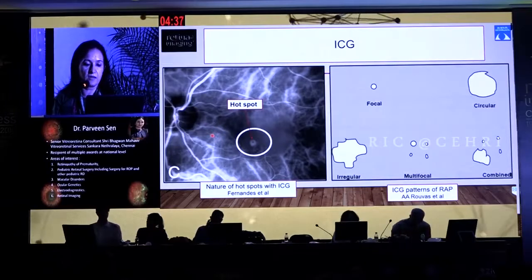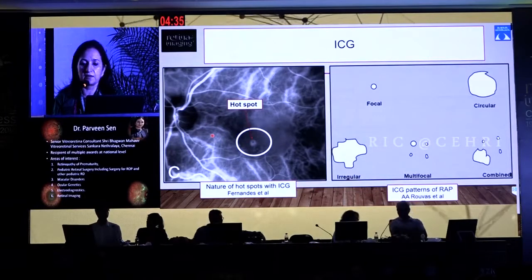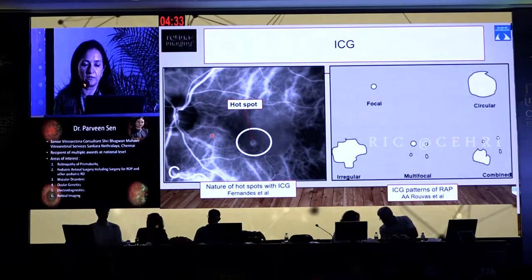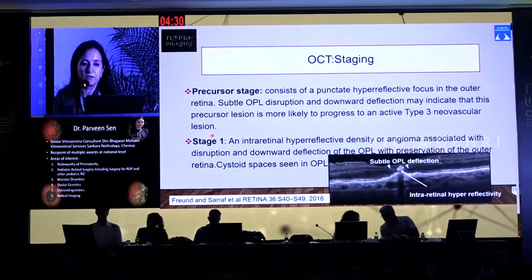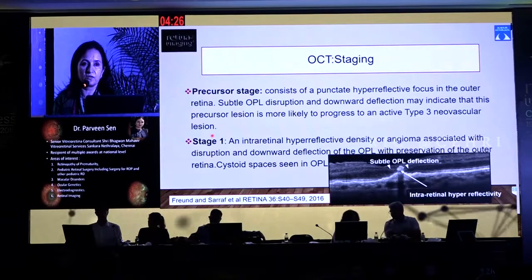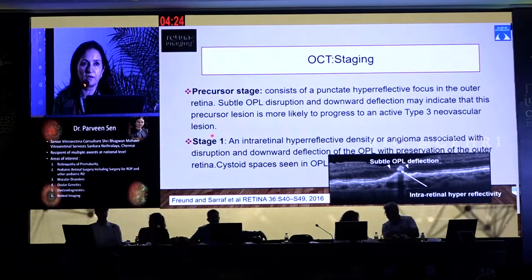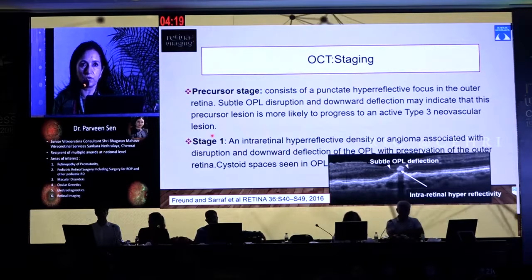The few salient imaging features are a focal hyperfluorescence on FA and a dipping of the vessel at a right angle, which can be appreciated in some cases on FFA. ICG shows a hyperfluorescent hotspot, and these hotspots have been classified into various types by previous authors. This OCT staging, which has been recently defined, includes a precursor lesion, which is just a hyperreflective focus above the RPE, and it may have a subtle downward deflection of the OPL.